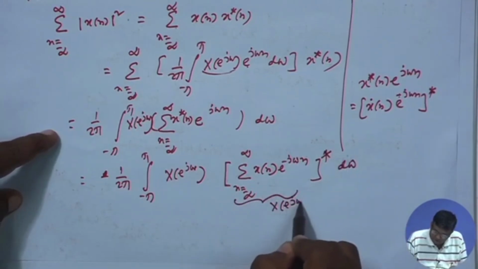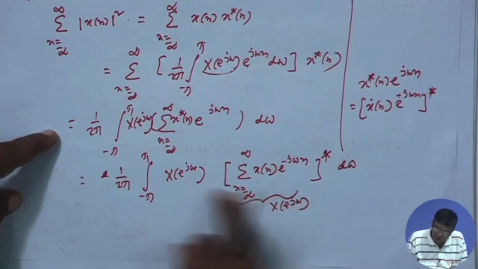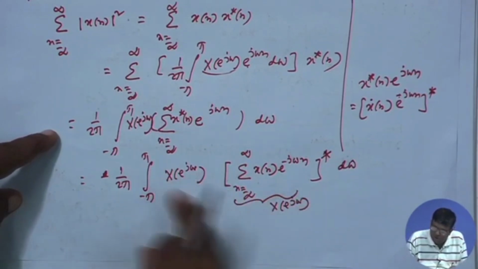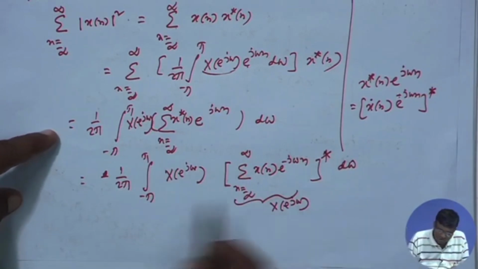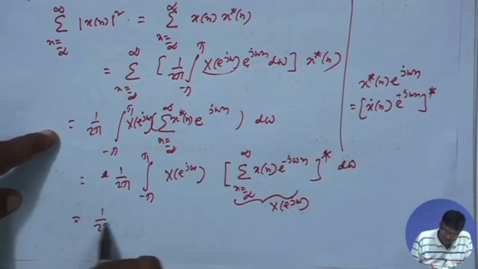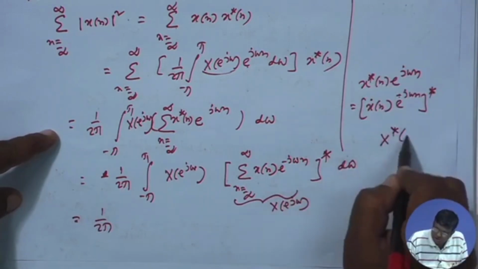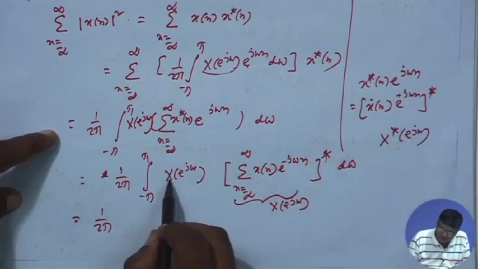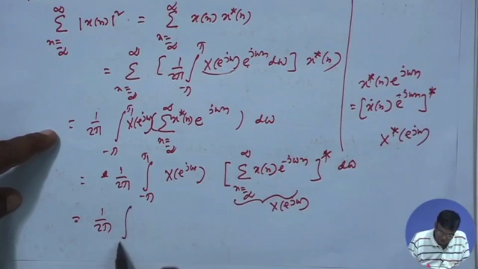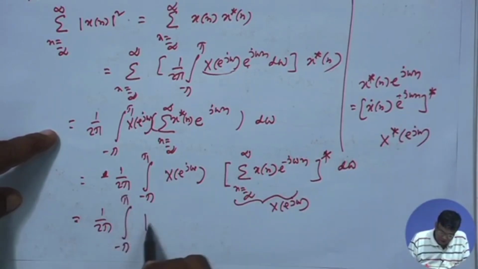DTFT. So, it will be for any omega capital X e to the power j omega here and its conjugate here. So, with a star it will be X star e to the power j omega. So, X e to the power j omega, X star e to the power j omega, integrated from minus pi to pi.